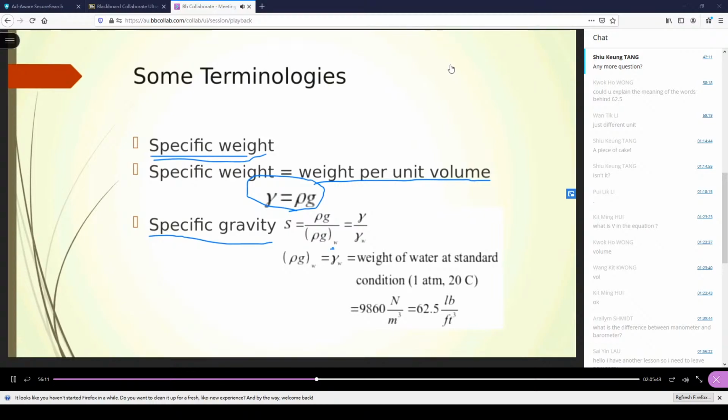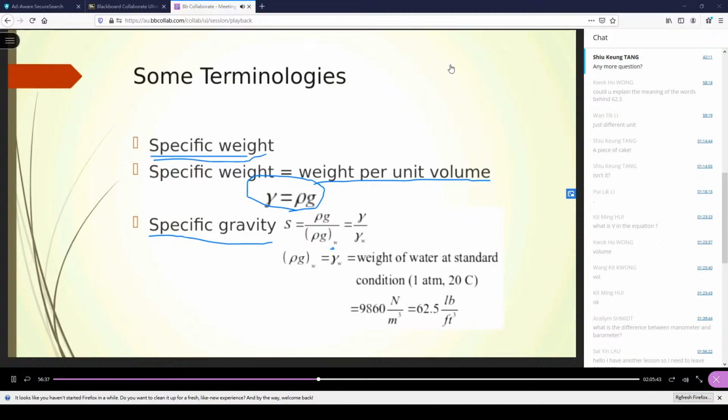So if g is constant, then specific gravity actually equals the relative density. In this course, we take the acceleration due to gravity to be constant. So specific gravity actually is equal to relative density.